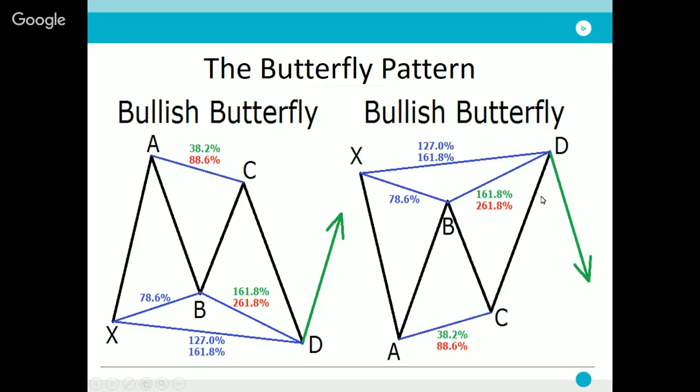So it moves beyond that high point and completes into either the 127% or 161.8% extension of that XA leg, where we must also identify confluence with the 161.8% or 261.8% extension of the BC leg. So two points of extension confluence have to be identified into the D point completion of the pattern.